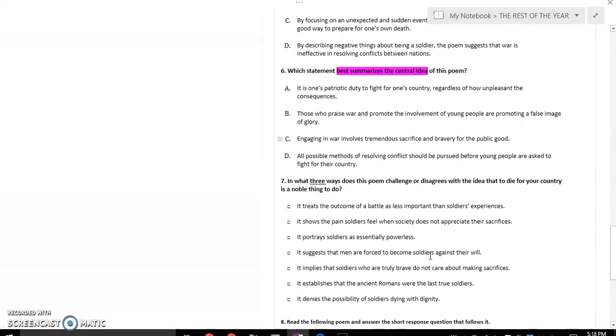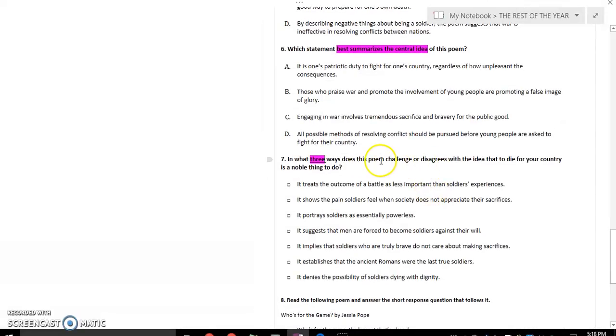So we will have to read the entire poem to be able to answer some of these questions. In what 3 ways, so we're going to choose 3 answer choices, does this poem challenge or disagree with the idea? So we're looking for a disagreement with the idea that to die for your country is a noble thing to do.